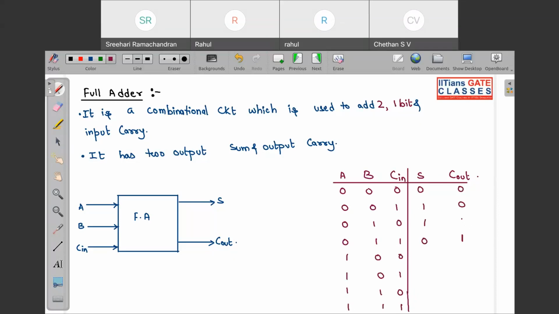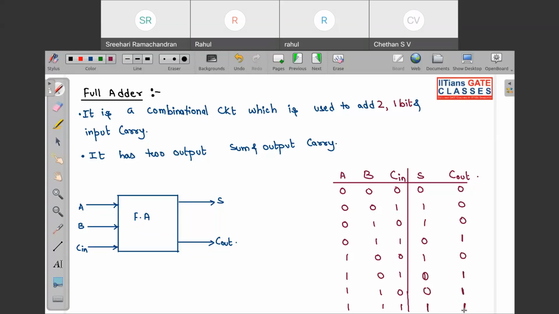I should have written carry also simultaneously. Here sum will be 1, carry will be 0. Over here sum will be 0, carry will be 1. Here sum will be 0, carry will be 1. Here sum will be 1 and carry will also be 1.